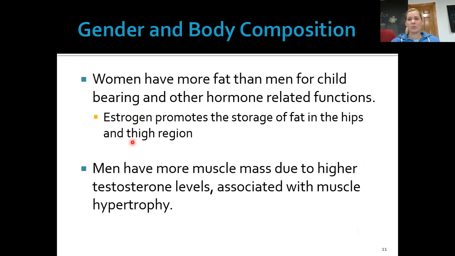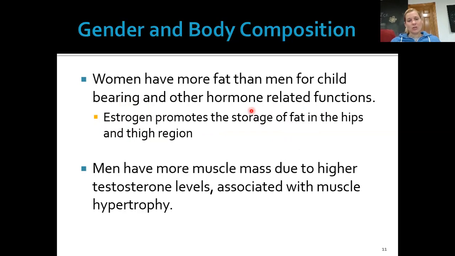Female hormones, there are two of them: estrogen and progesterone, and estrogen is important in relation to fat storage. The more estrogen I have, the more fat I'm going to store in my hips and thigh region. That can vary substantially from female to female. What's a normal level of estrogen is really variable from female to female.